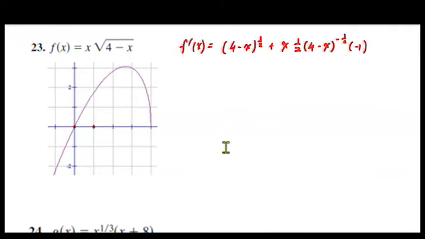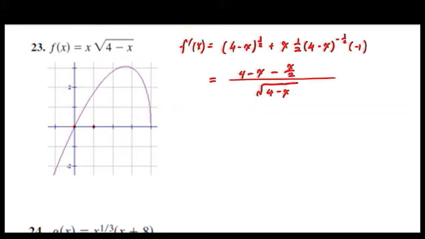Now, this thing is kind of a headache to work with like this, so I always like to find the common denominator and combine it. Common denominator is this. Agree? Say yes. Okay. And the numerator then happens to be 4 minus x here, minus x over 2.